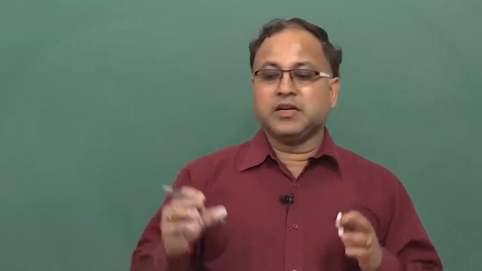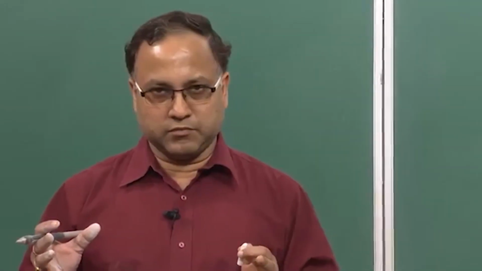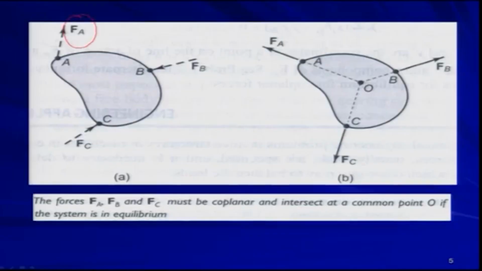You cannot violate that. Similarly, if you have a three force system, that means the system is under the action of three forces, say FA, FB and FC. And the point of application of these forces, already you know, the point of application is very, very important.